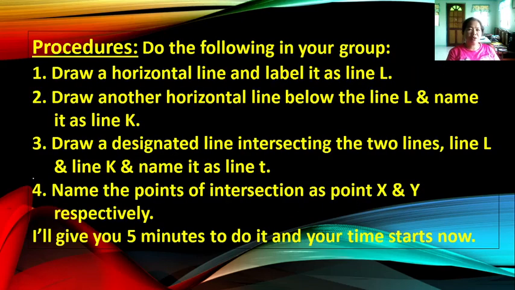So here are the procedures for you to follow in the given activity. Each group will perform this. Number 1, draw a horizontal line and label it as line L. Draw another horizontal line below line L and name it line K. Draw a transversal intersecting the two lines, line L and line K, and name it line T. Name the points of intersection as point X and point Y respectively.